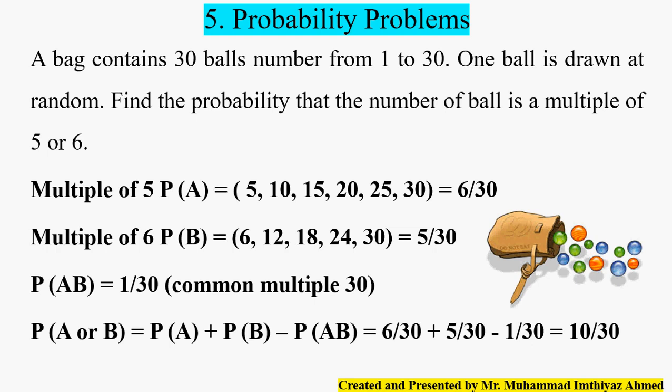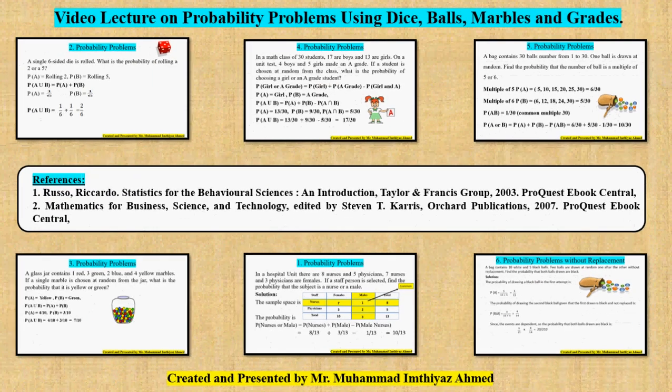We are asking 5 or 6, that is A or B, probability A plus probability B minus probability of the common multiple AB. So 6 by 30 plus 5 by 30 minus 1 by 30. So 6 plus 5 is 11, 11 minus 1 is equal to 10 by 30, the answer for problem number 5. I hope problem number 5 is clear.